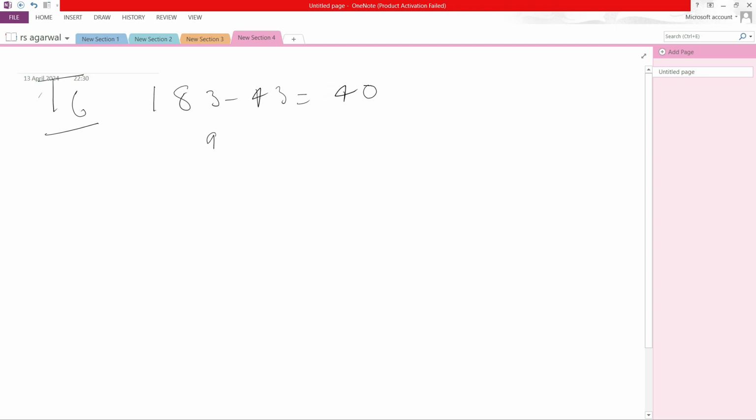After that, 91 minus 43 equal to 48. Then 183 minus 91 equal to 92 here.